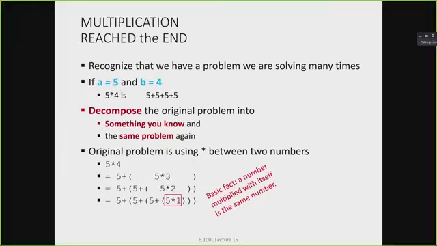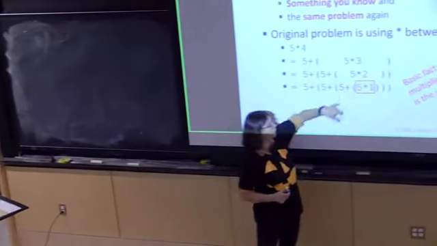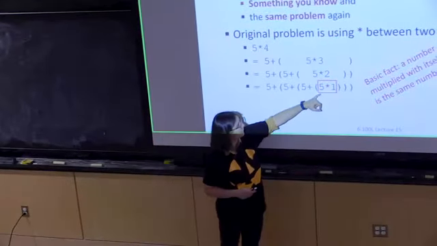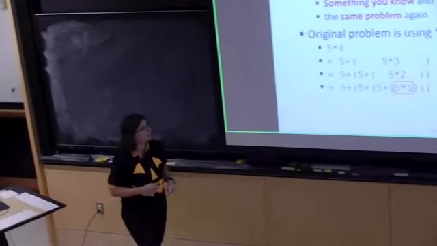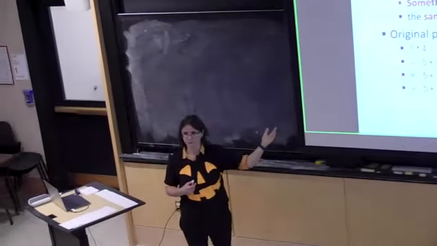So once I solve this fact, I can start building back up my answer, right? And I can start passing the answer back up the chain of multiplication calls. So if I'm at this step here and I figured out that this 5 star 1 is equal to 5, I can just replace it with the 5.